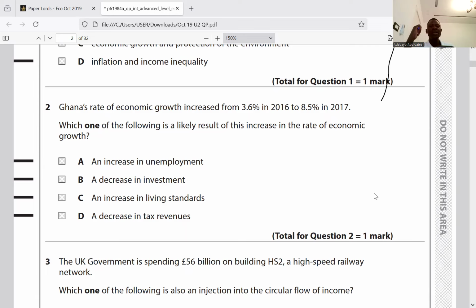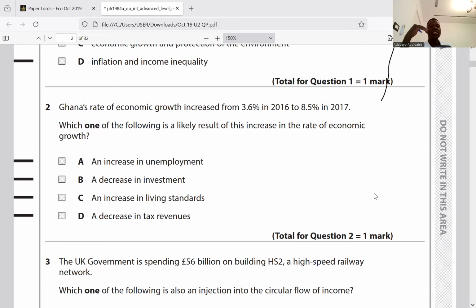Okay. All right. So, what will bring about an increase in the rate of economic growth? An increase in unemployment. Let me make my explanation. Higher economic growth means that the country is producing more goods and services. This usually leads to higher incomes, more employment, better standards of living. So option C is correct. Options A, B, and D are the opposite of what typically happens.